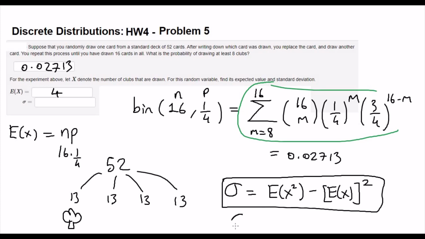So we're going to use another formula for the variance of a binomial, n times p times 1 minus p, which is going to be 16 times 1/4 times 3/4. So the standard deviation is going to be the square root of 3.